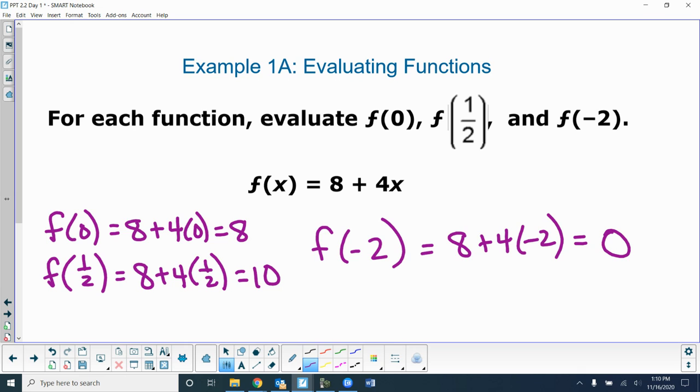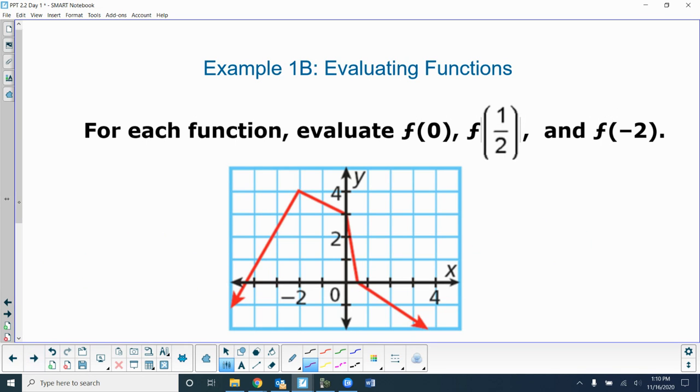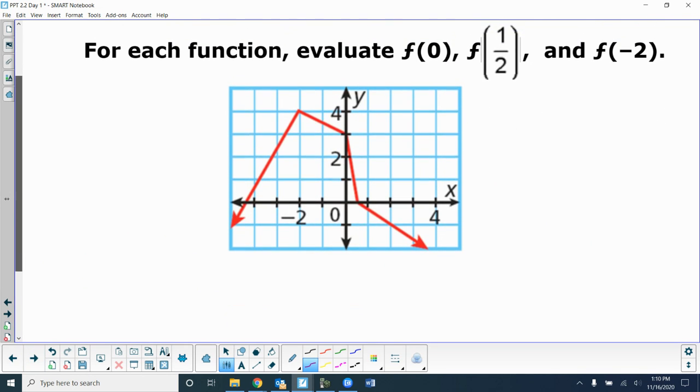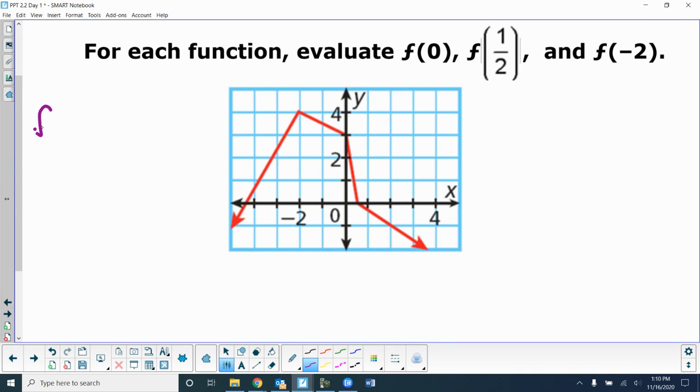Liam, next slide, f of 0 is for you. You ready? Okay. What's f of 0? Remember, f of 0 means, what's the value of f when x equals 0?